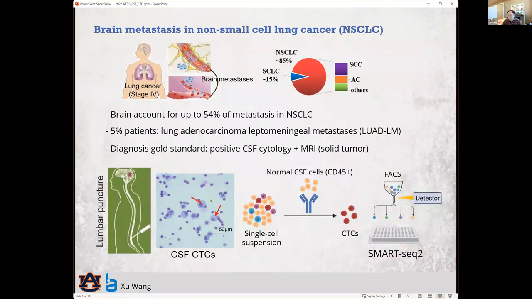From the CSF samples, we made a single cell suspension and removed normal CSF cells using CD45 antibody. The remaining CTCs were FACS sorted, one individual cell in each well of a 96-well plate, and went through the SMART-seq2 sequencing protocol. For the sake of time, I won't go into the details of the experimental protocol.